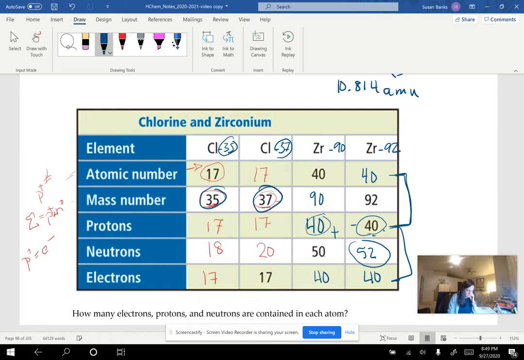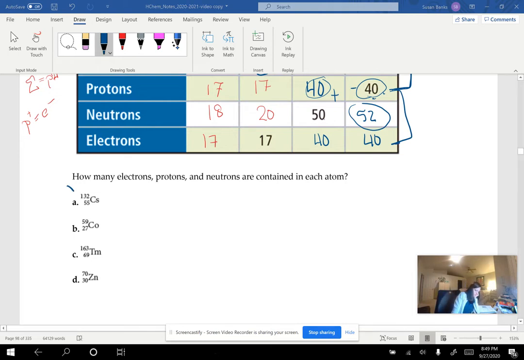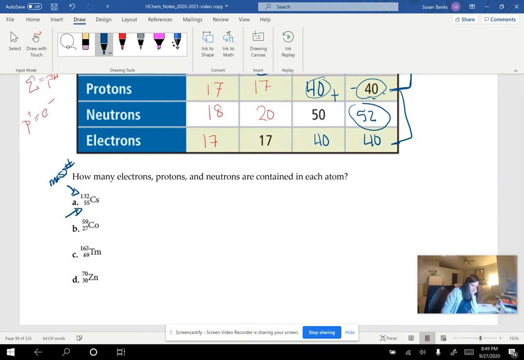So 37, this comes from the mass number. This is a different way of writing it. So on this top number, we have the mass number. And the bottom number, and a lot of times the bottom number is not given, this is the proton number or the atomic number. Okay, so those are two different ways that we use to write isotopes.